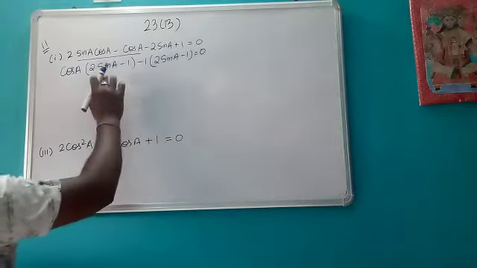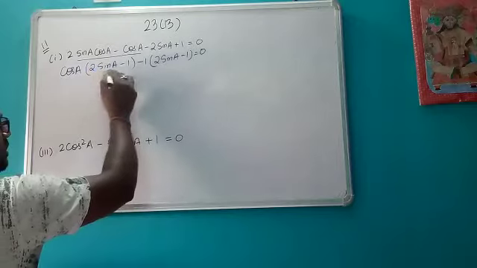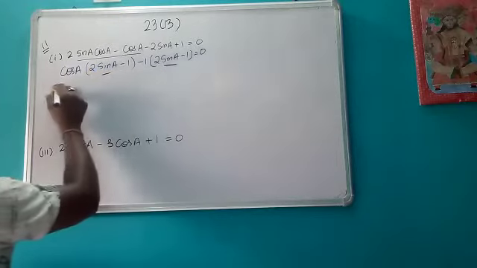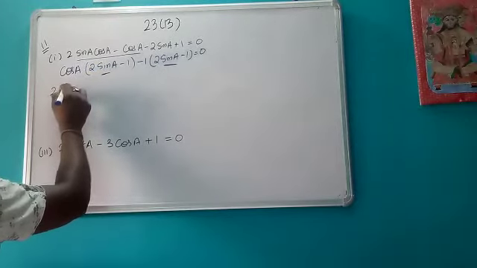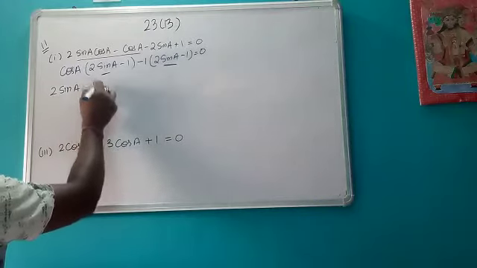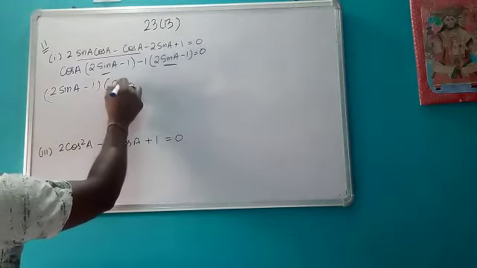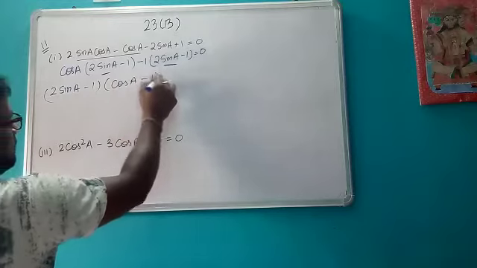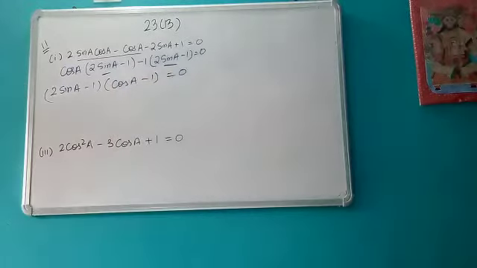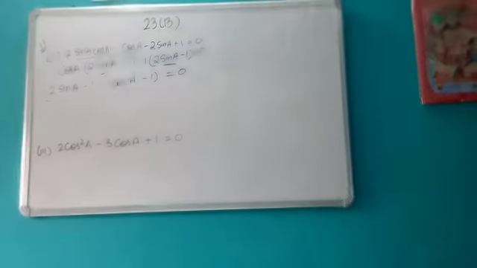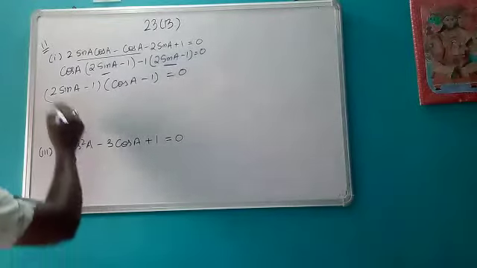Factorization that we have done in the previous class. So now this term is common. So I will take this term out, 2 sin A minus 1, and it is cos A minus 1 is equal to 0. So finally this is reduced into the same type of equation that we have solved previously.